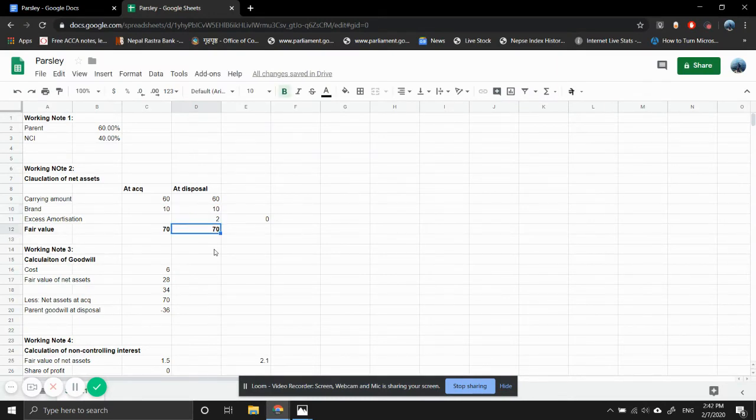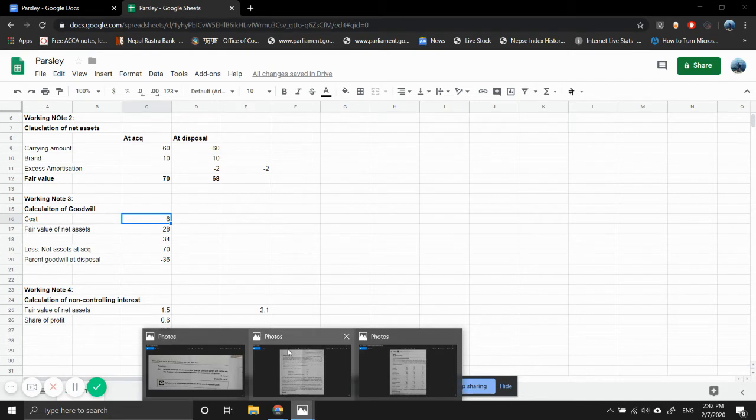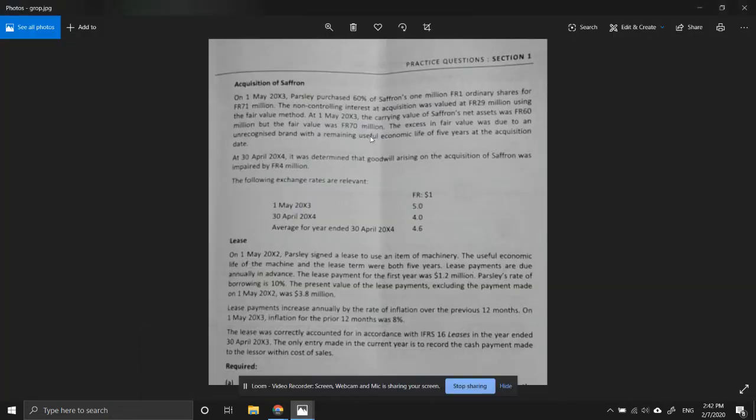Okay, so our net assets during this period will be the sum of all this, right? So when we are calculating our goodwill, what will be our cost? Our cost will be 71 million, right?